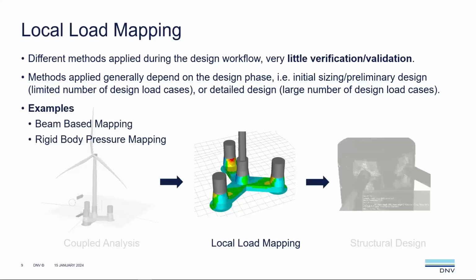So I'm going to briefly talk about two of the common methods used for these two phases. One is load mapping using a beam model, and the other is using a rigid body model.